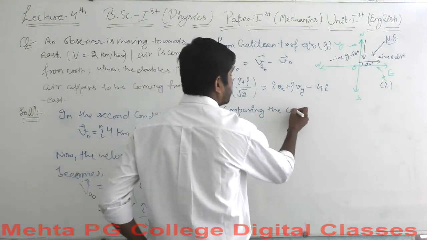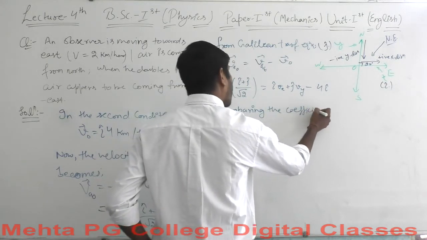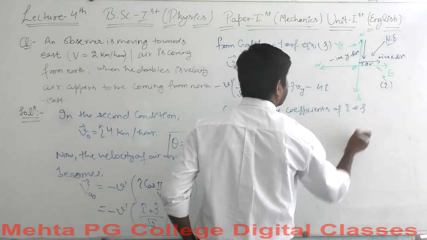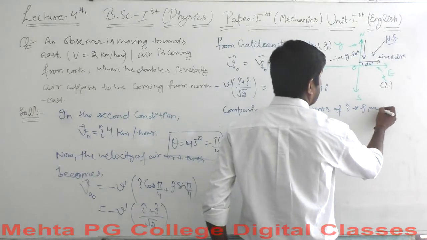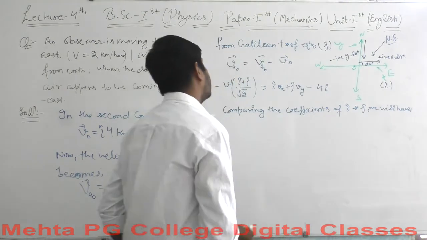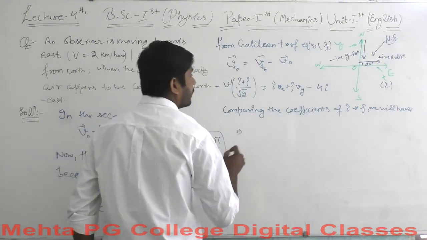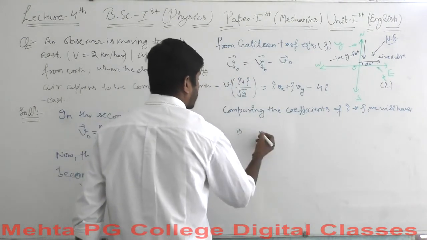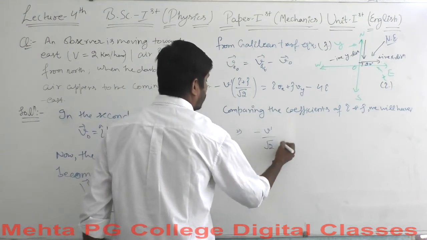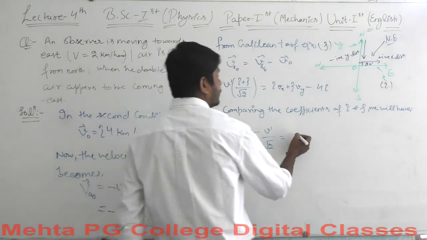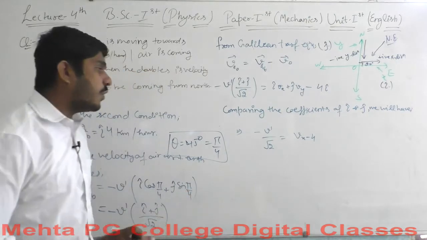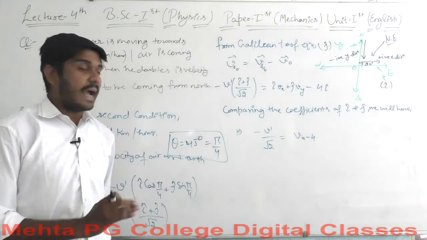Comparing the coefficients of i cap and j cap, according to i cap, minus v dash over root 2 is equal to Vx minus 4. This is according to the coefficient of i cap.